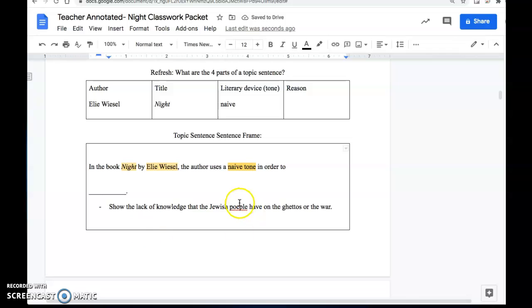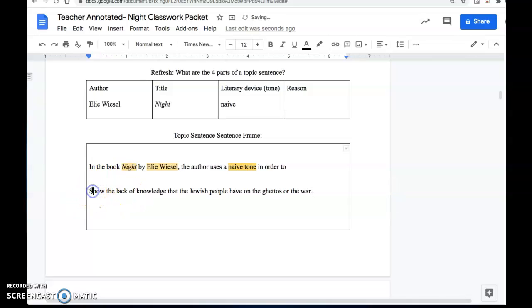Right? Because like I said earlier, if they had any idea what was happening outside, they would not be feeling reassured. So it has to do with the lack of knowledge, right? You might also write something on the adjustment or anything else that you deem as the reason. So what I would do is I would put it right here, and I would have a 4-part topic sentence with a tone.